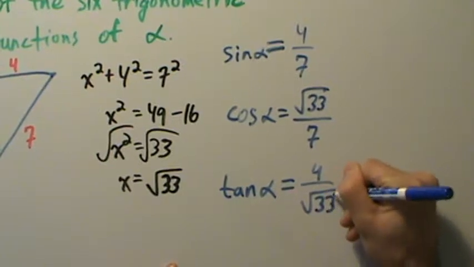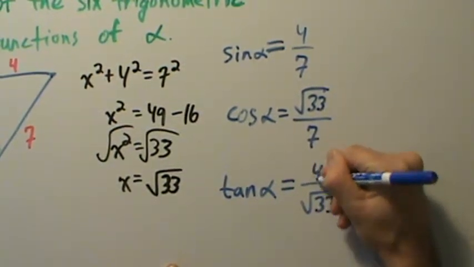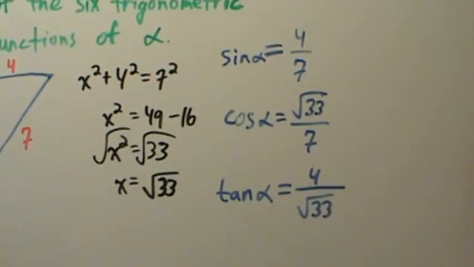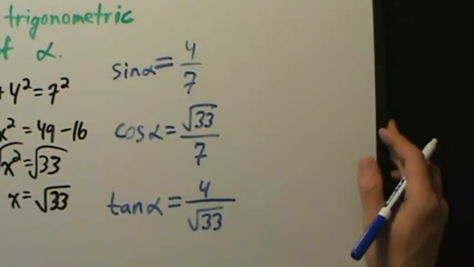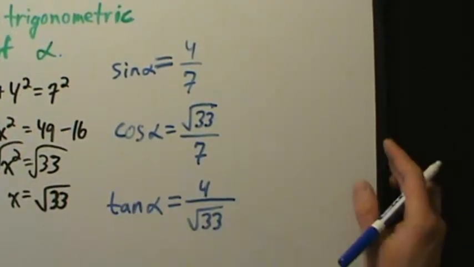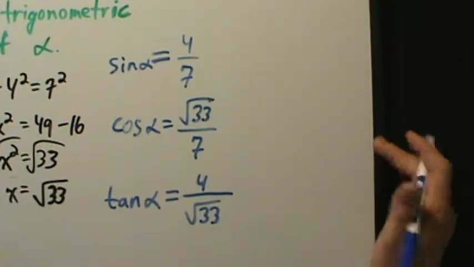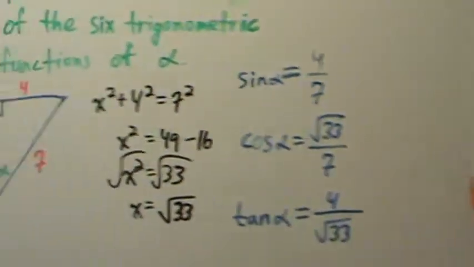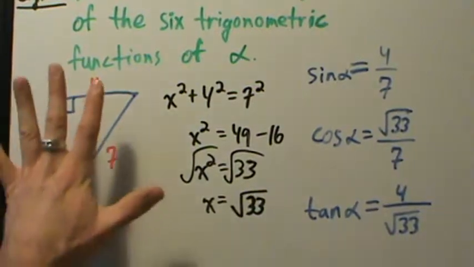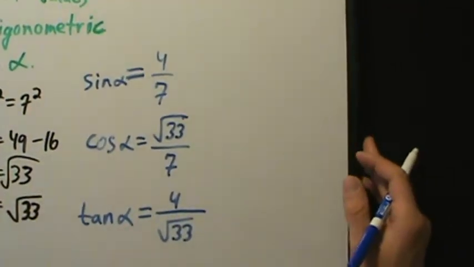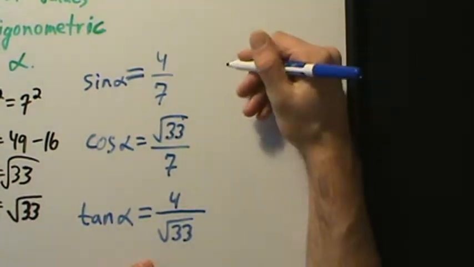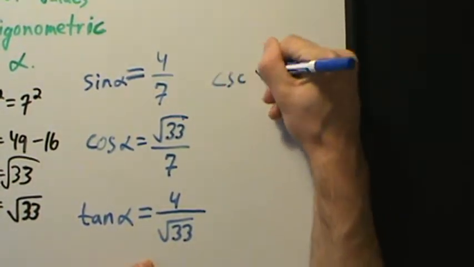Okay. And again, we're not going to bother rationalizing the denominator here, because there's just really no point in doing that, it's not going to simplify it anymore. But anyway, for the other 3 trig functions, we could use the triangle and the definitions of the trig functions, or let's just totally forget about that triangle and just remember, okay, so now we want to do cosecant of alpha.